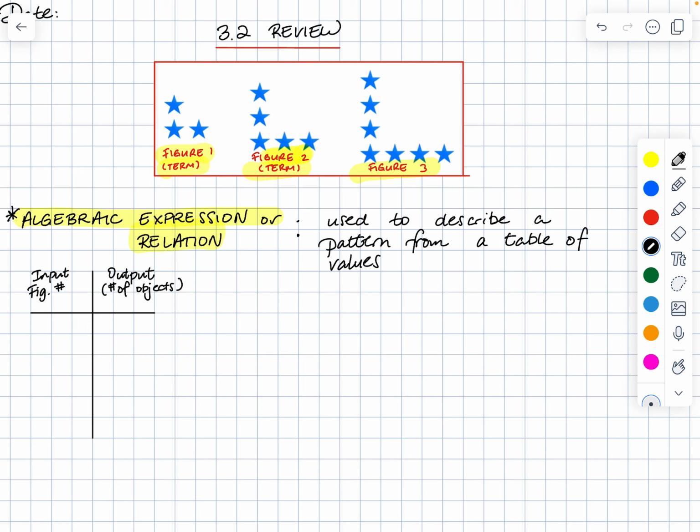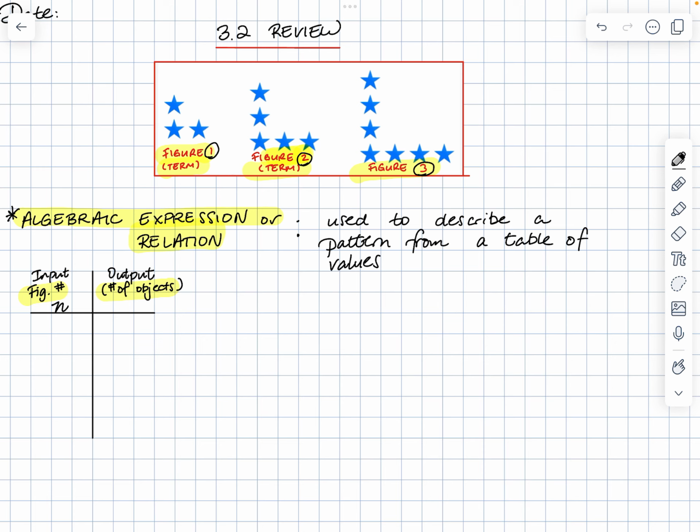So the figure number in this case, we're also going to give it a variable and we're going to call it n. We're going to use n as our figure number. And I'll just highlight that as well. Number of objects. So we know that we're going to give the numbers that are already listed here as our figure number.